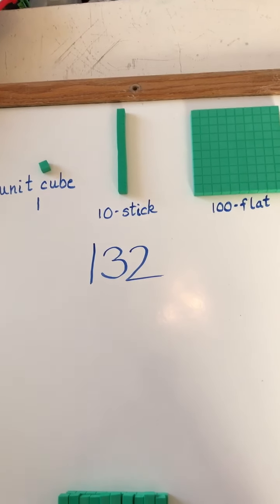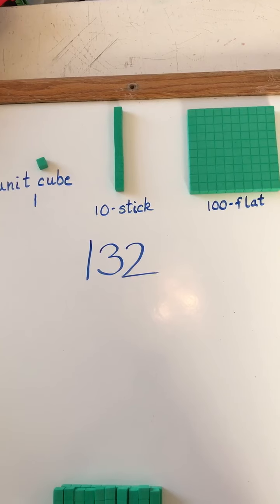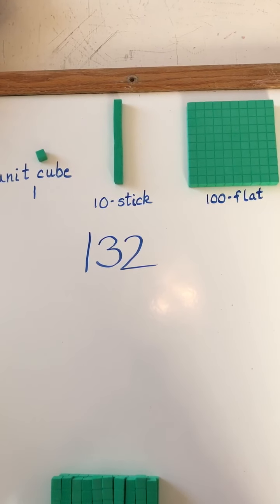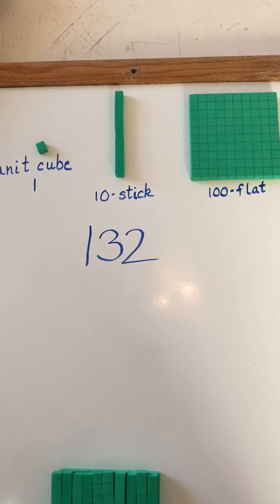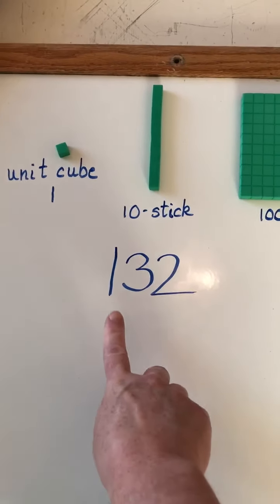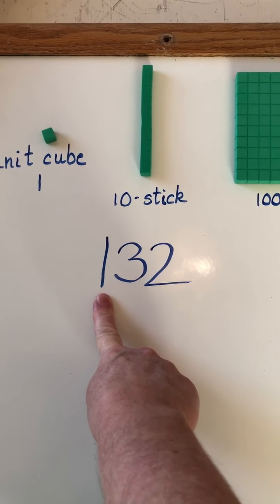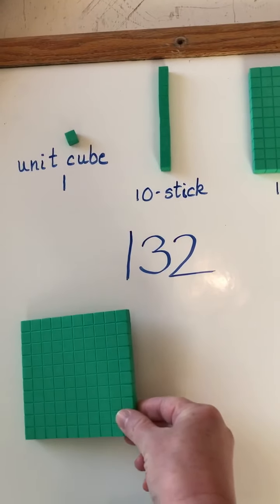Which blocks would you use? Okay, it would be easiest to show this number using a 100 flat, wouldn't it? Because look at the hundreds place here. How many 100 flats do I need? Just one, because that's going to show one group of 100.